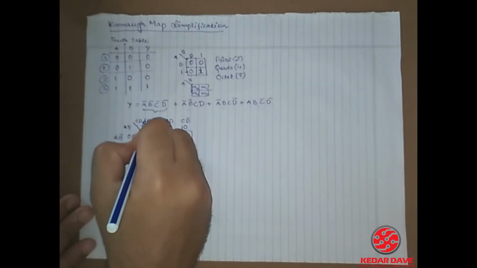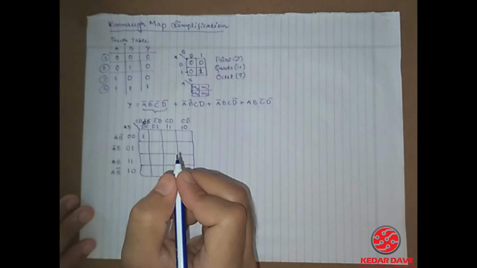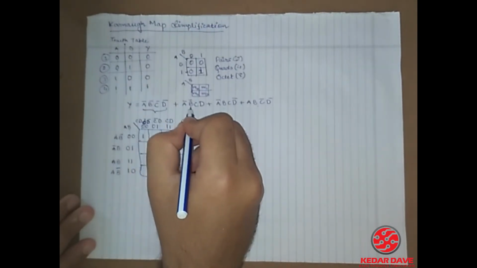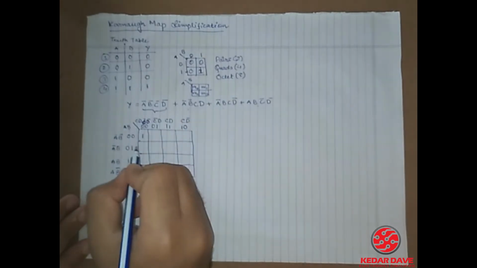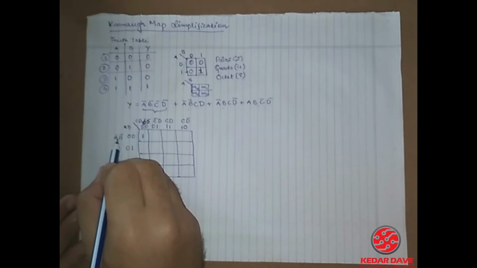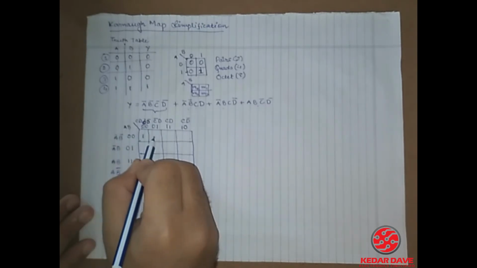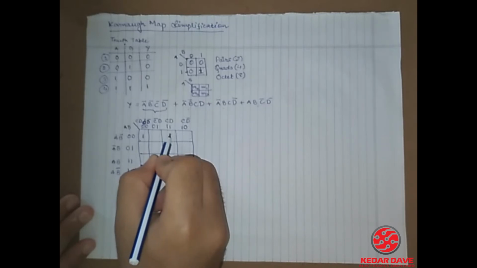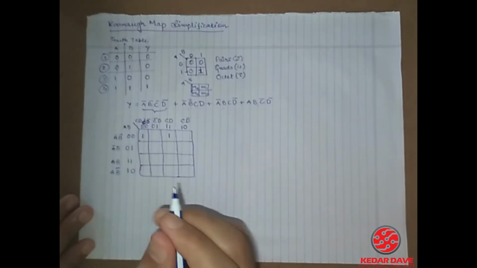So we can basically write it as 1, okay? After that, A bar B bar C D. Where do we get this condition? Over here, that is A bar B bar and C D. So that is the 1 at this particular box.